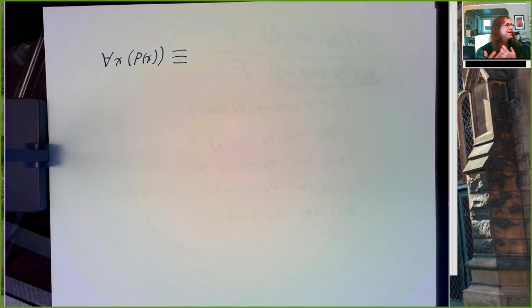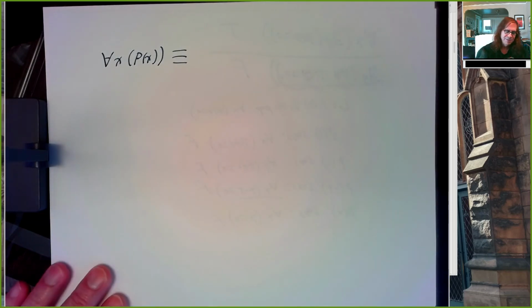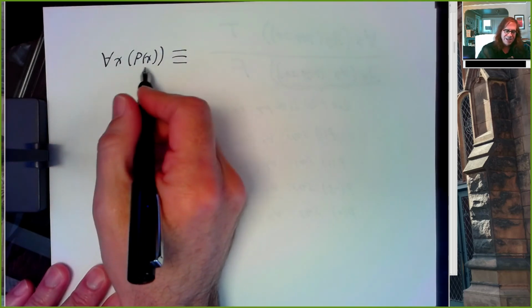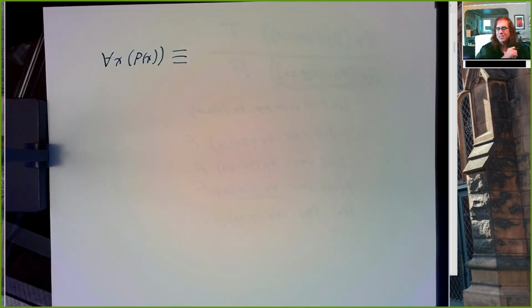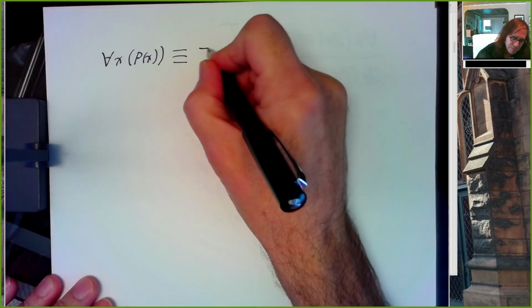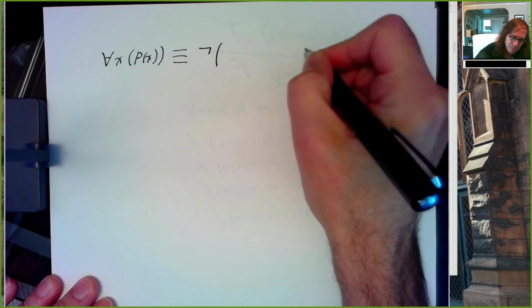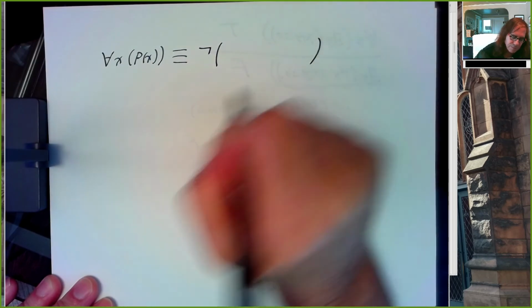Well, what is the opposite of that notion? This notion says for any x, p of x is true. What would be the opposite case, in some sense? The same statement but negated.